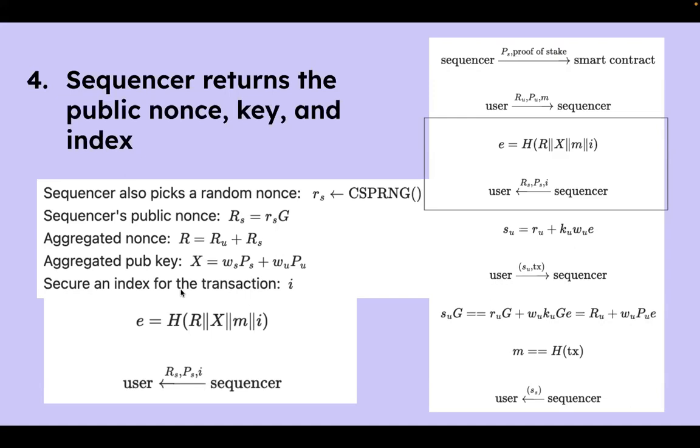So sequencers always should manage the queue. The total number of the published transactions should be shared by the peer-to-peer network.